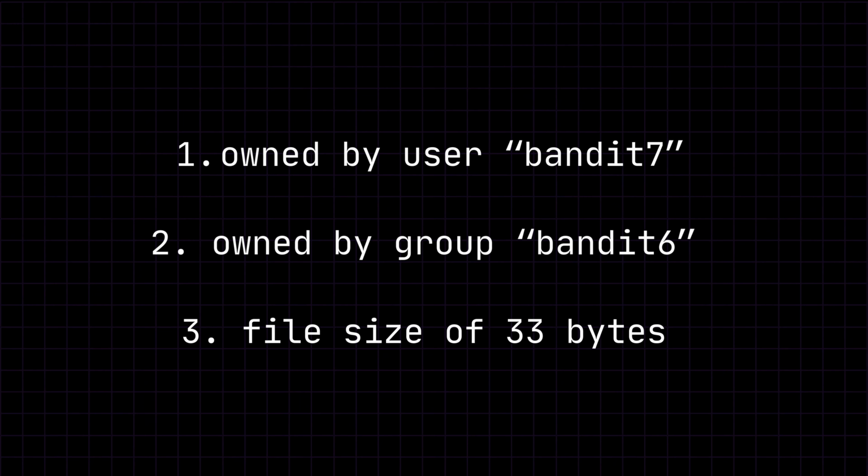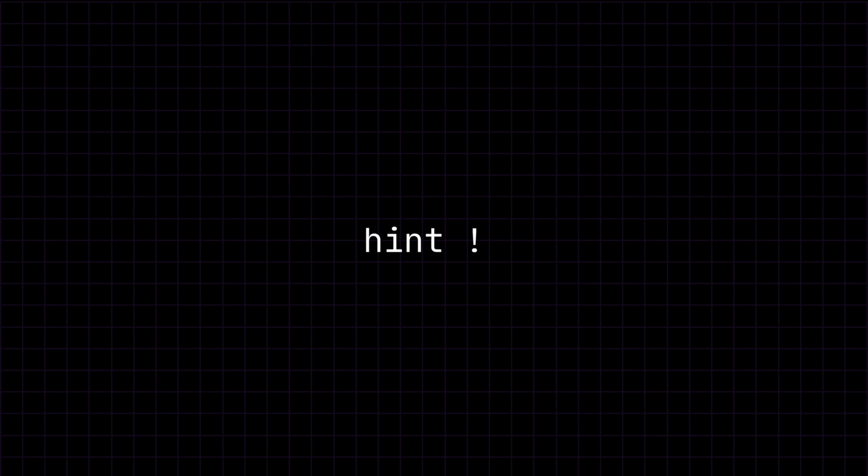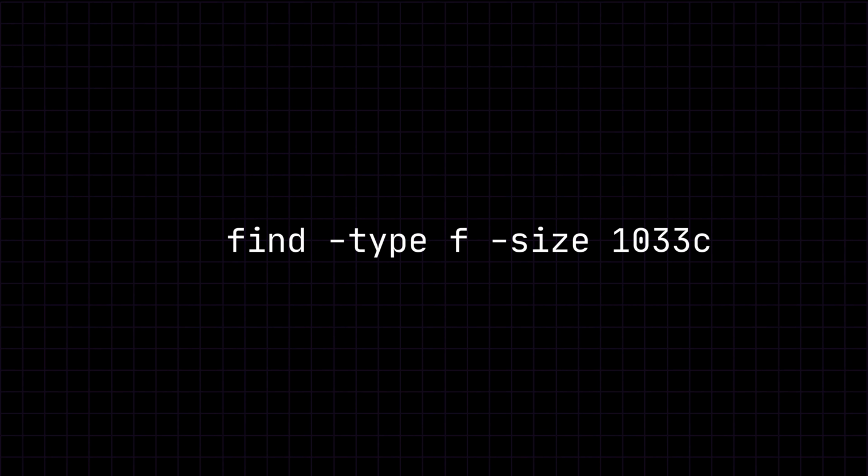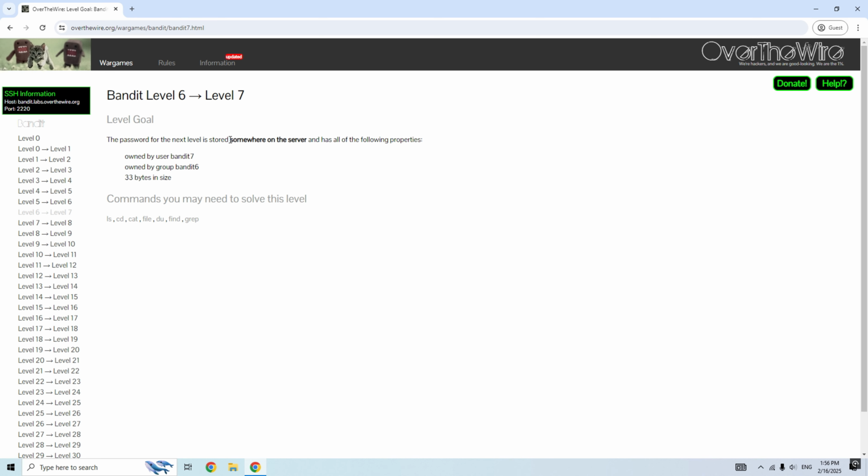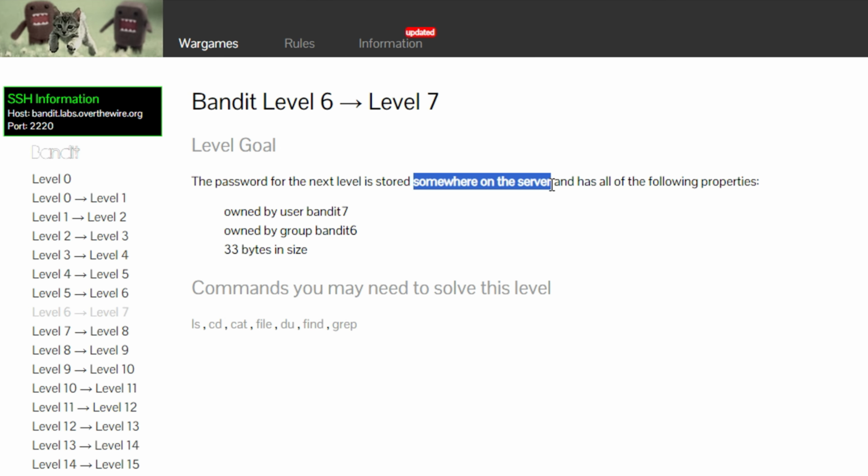Now that we have identified the primaries, you should be able to identify which to use to satisfy our three conditions. Before you try level 7 on your own, try to modify this find command by replacing and adding the necessary primaries to search for the file which contains the password to the next level. The level also states that the file is stored somewhere on the server and no longer in a directory like the previous levels.